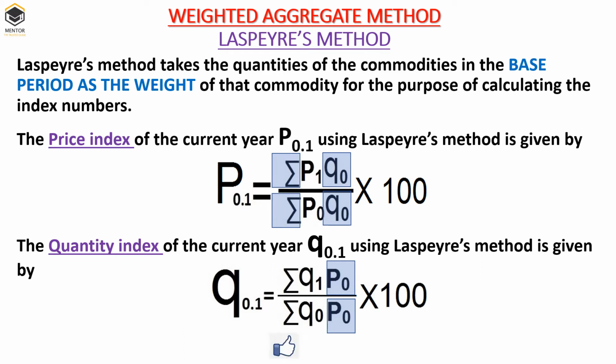So this is the formula of our Laspeyres method. Under Laspeyres method, the author has given the weight to the base year. Base year quantity is Q0, base year price is P0. So in price index we give the weight to the base year quantity, and in quantity index we give the weight to the base year price. These are the two formulas of our Laspeyres method.